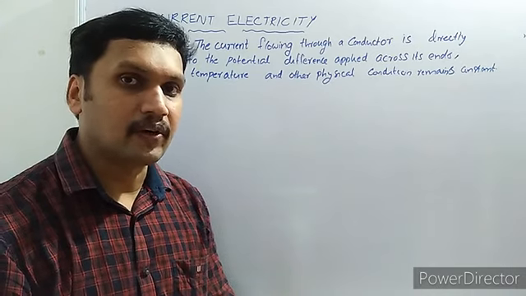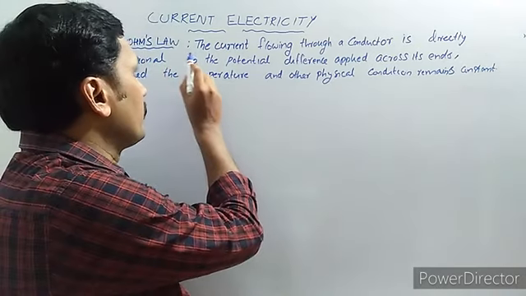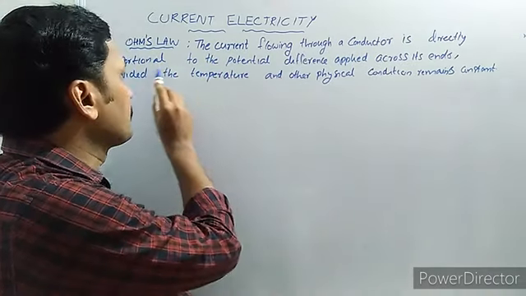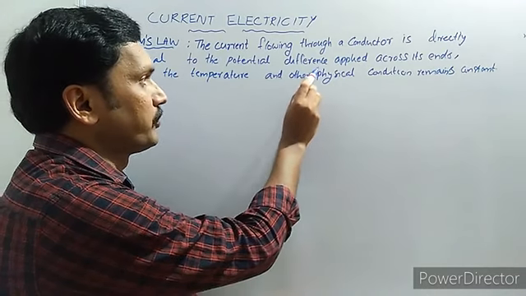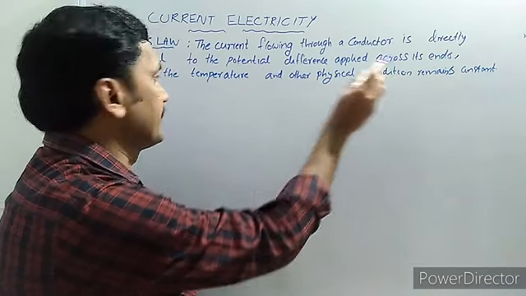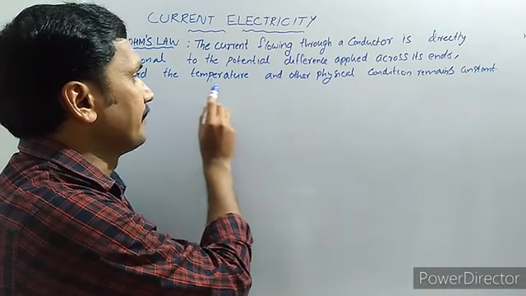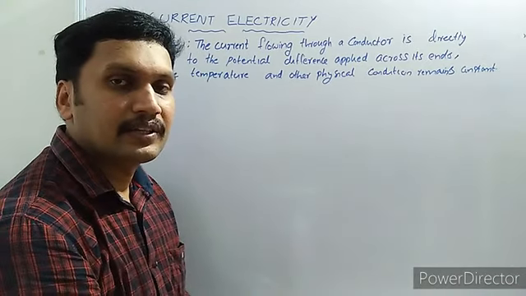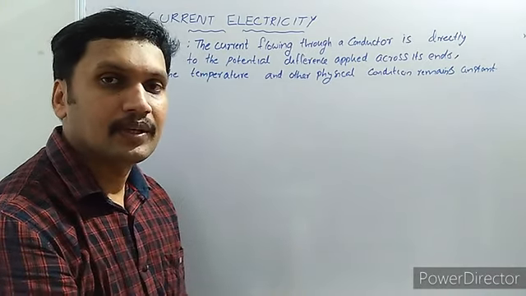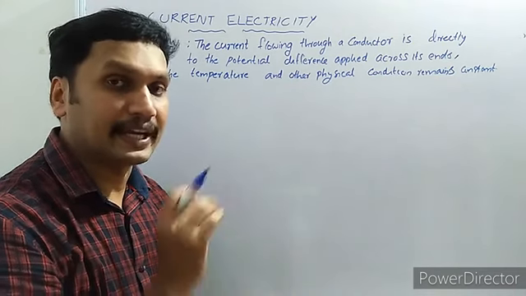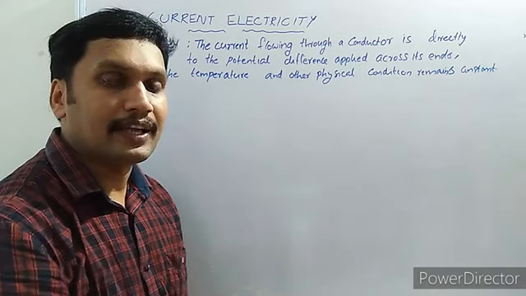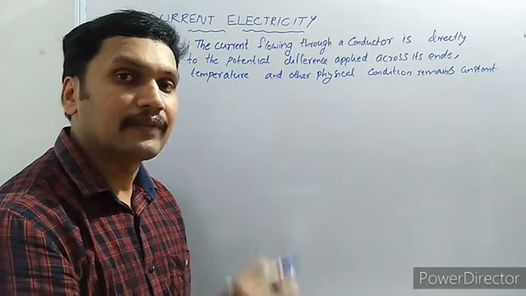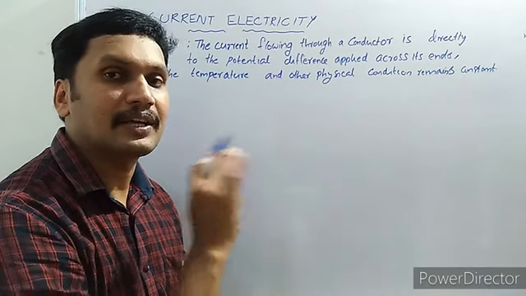This is the statement of Ohm's law: the current flowing through a conductor is directly proportional to the potential difference applied across its ends, provided the temperature and other physical conditions remain constant. We know that current will flow through a conductor only if we apply a potential difference between the ends of the conductor.